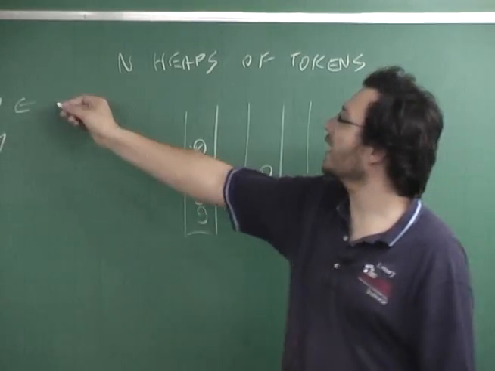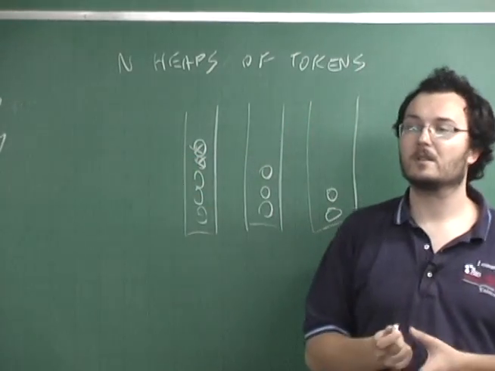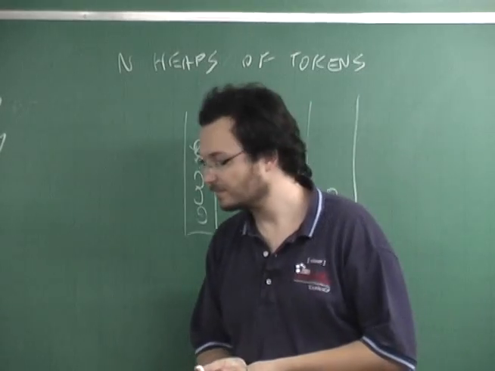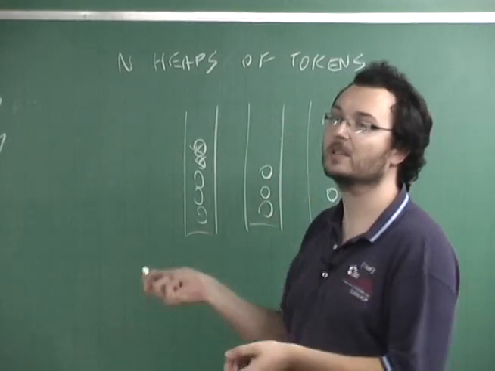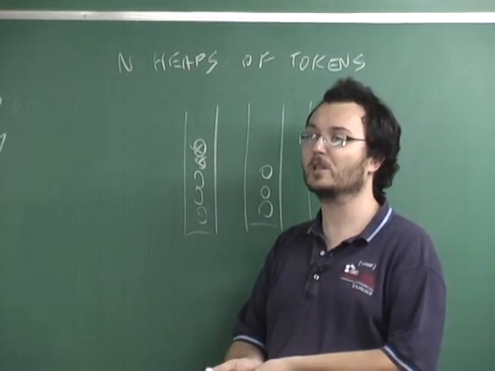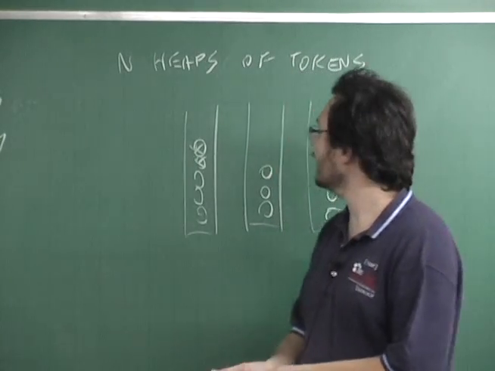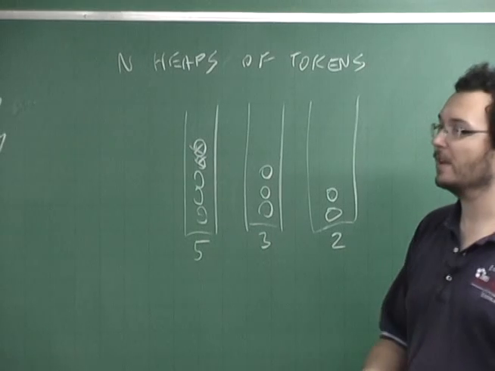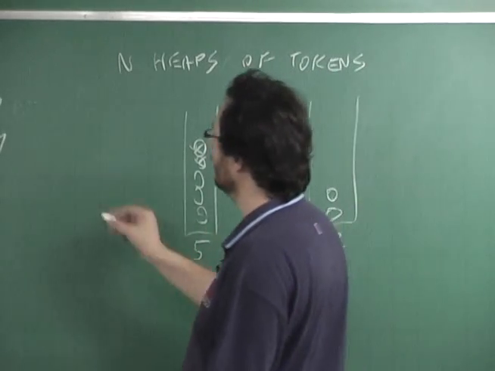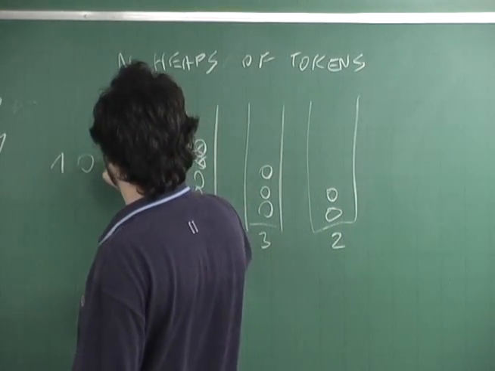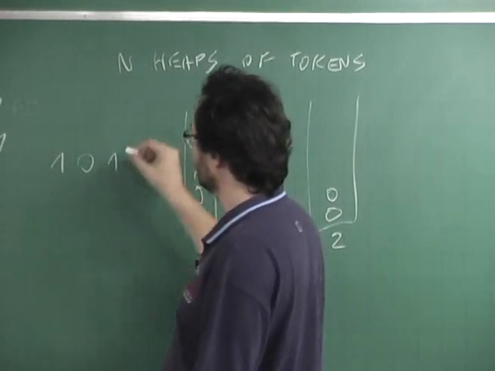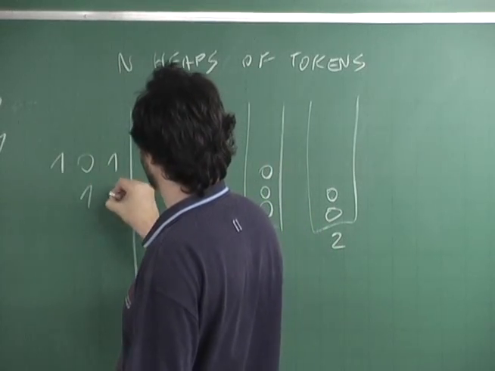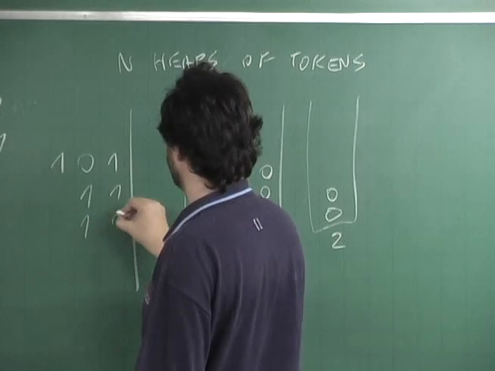So in the normal play rules, if the last player wins, this is a very well-known game. The optimal strategy is known for more than 100 years. And the strategy is to take the heap sizes, 5, 3 and 2, and to encode them into base 2. So 5 is 101, 3 is 11, and 2 is 10.